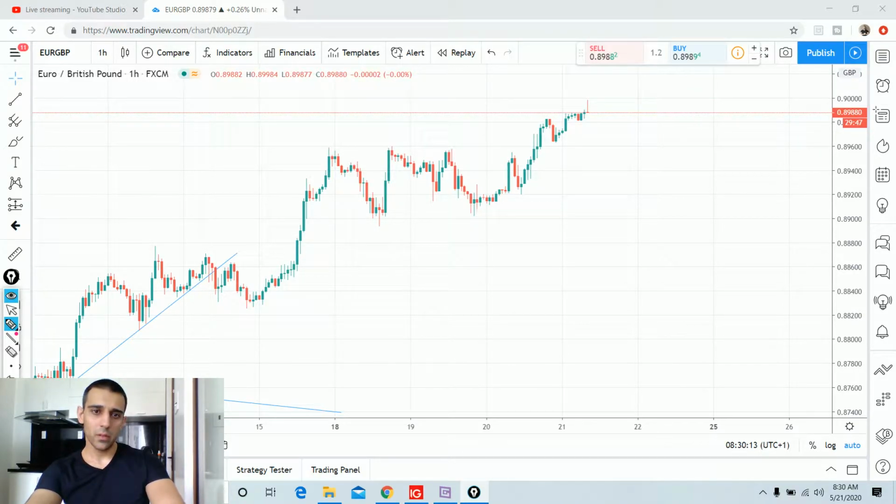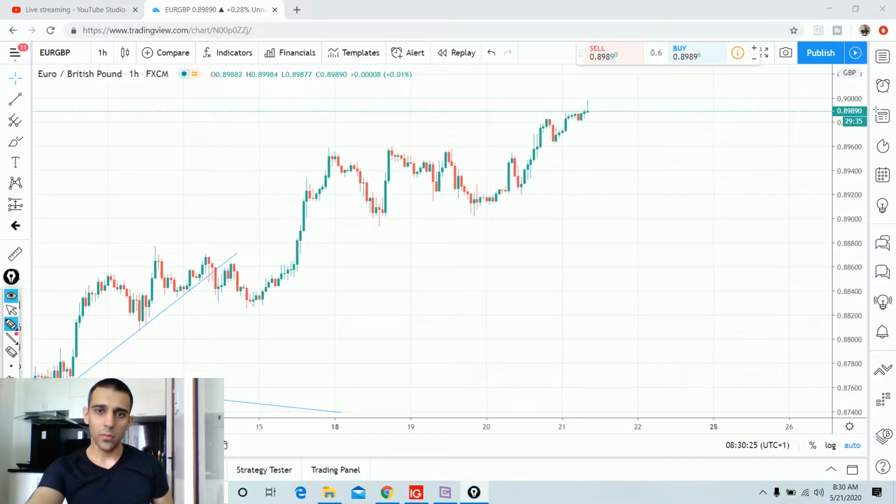This is more observation, because I do see potential for the short side in the short term, but over the long term I will be looking to buy. But before I do that, the price has to do a few things before I get into the trade.